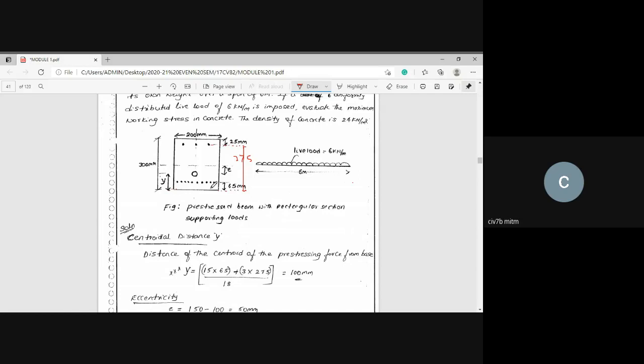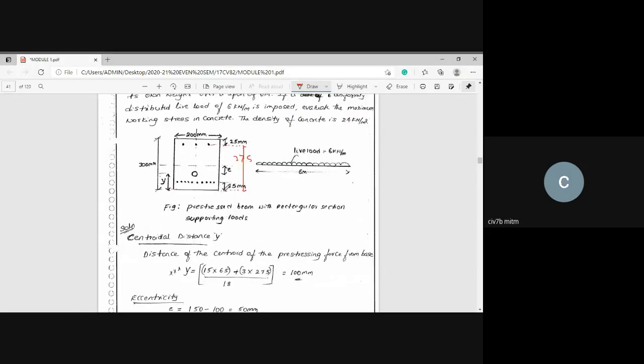So 15 into 65 plus 3 into 275, divided by the total number of wires, 15 plus 3, that is 18. I will repeat: the number of wires multiplied by the corresponding centroidal distance from the base, plus the number of wires on the top multiplied by the corresponding distance from the base, divided by the total number of wires, which is equal to 100 millimeter.